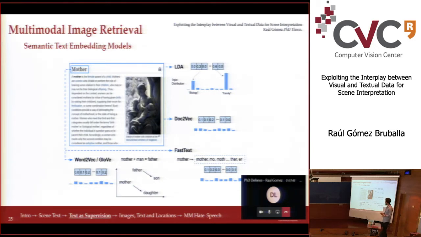And we are going to exploit a feature of these models, which is that they learn text representations with a semantic structure. For instance, operating with Word2Vec word representations, we can sum up the representations of mother and men and get the word representation of father. So they have these semantic structures, and you can perform arithmetics with them.